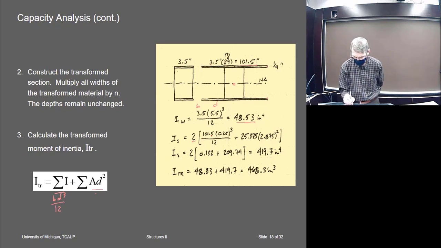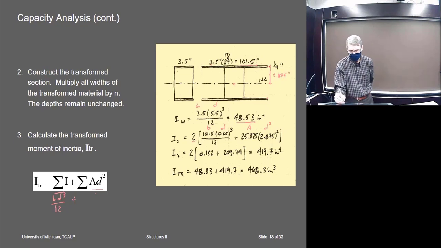That's this. There's the D cubed. And then I've got to add the AD squared term. So this is the area and the D squared. And the D, that must be the 2.875, from the center down to the neutral axis.